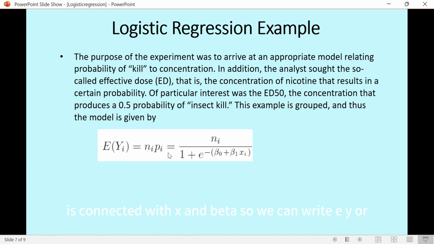Because p is connected with x and beta, we can write E(Y), or np, the mean of this group, with this expression.